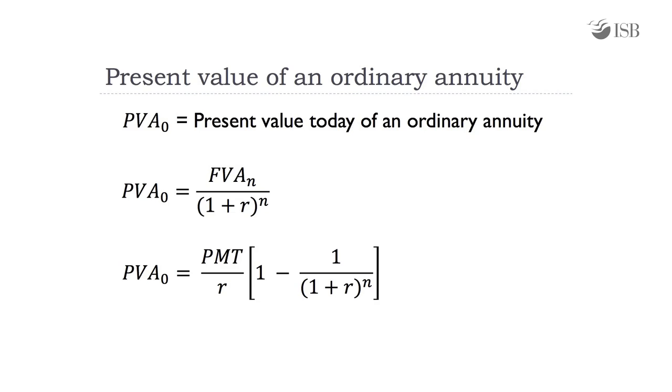Denoting the present value today of an ordinary annuity as PVA sub 0, we simply have PVA sub 0 equals FVA sub n divided by (1 plus R) to the power of n. But we know that FVA sub n equals PMT times ((1 plus R) to the power of n, minus 1) divided by R. So we now have PVA sub 0 equals PMT divided by R times (1 minus 1 divided by (1 plus R) to the power of n).